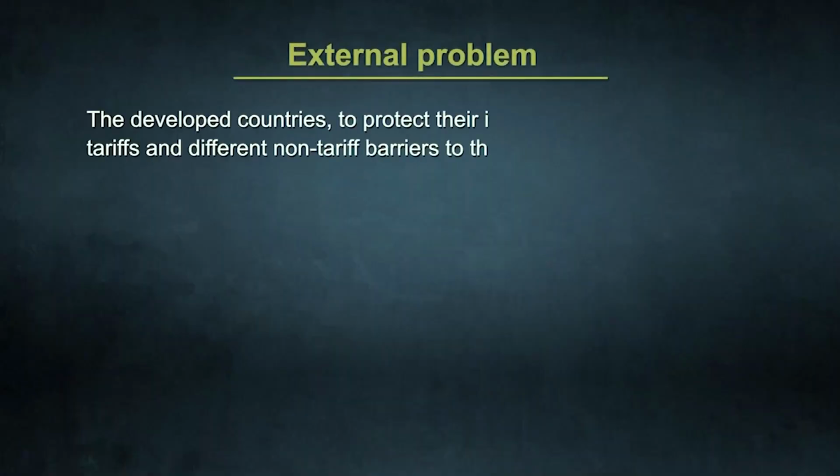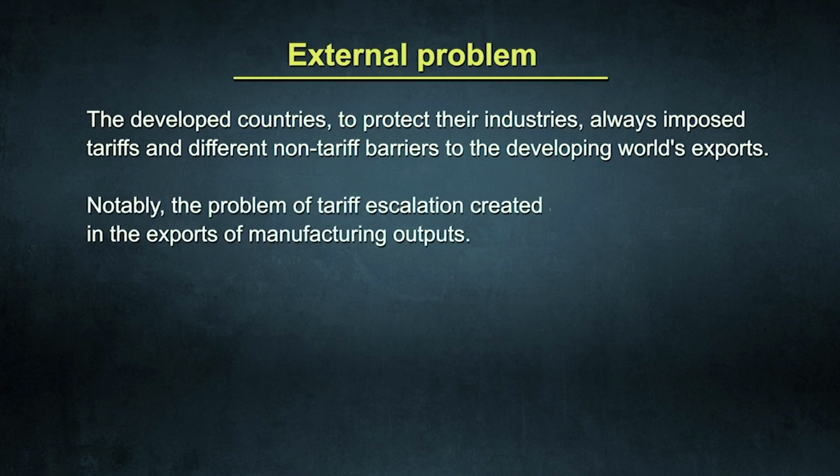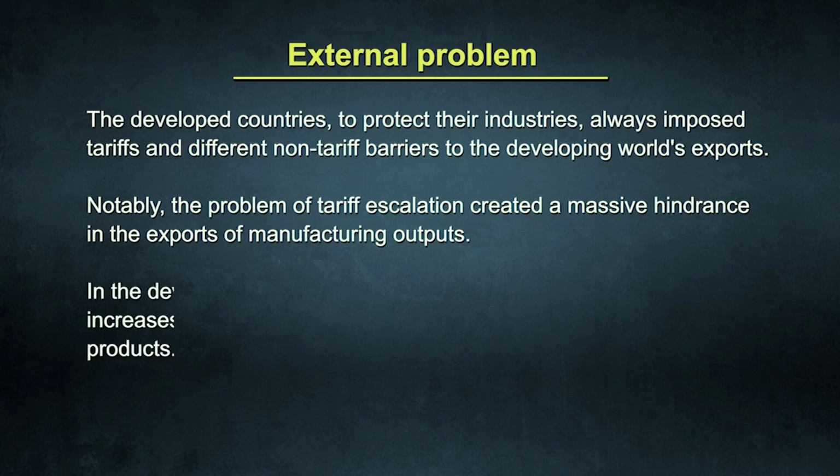There were serious problems in the manufacturing sector also, and some problems were external and some were internal. So, if we first look at the external problems, we can see that the developed countries, to protect their industries, always impose tariff and different non-tariff barriers to the developing world's exports. And notably, the problem of tariff escalation has created a massive hindrance to the developing world's exports.